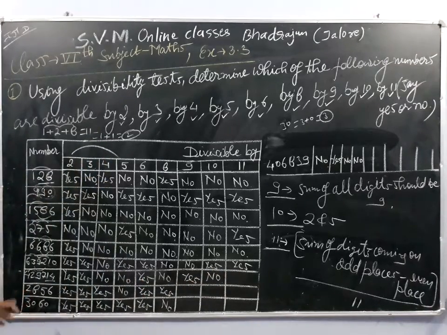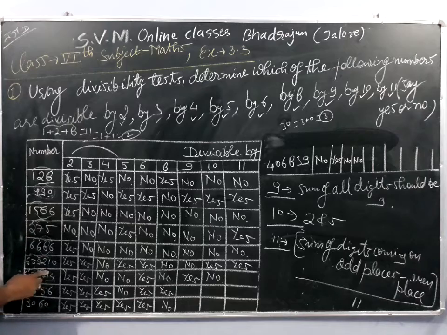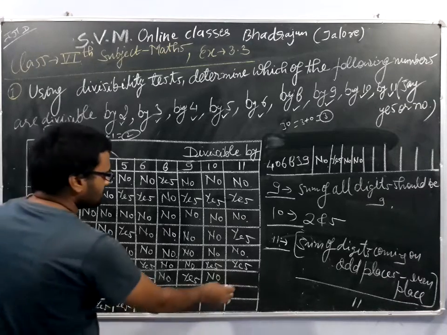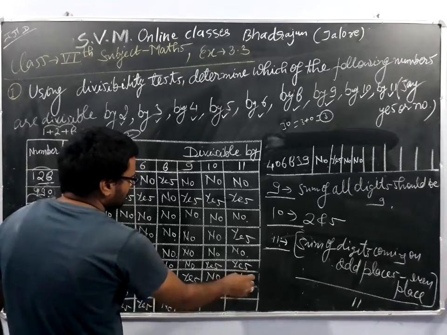Sum of digits at odd places: 9 plus 4 is 13, 13 plus 1 is 14. For even places, 2 plus 7 is 9, 9 plus 4 is 13. 14 minus 13, the difference is 1, hence the number is not divisible by 11. So our response is no.